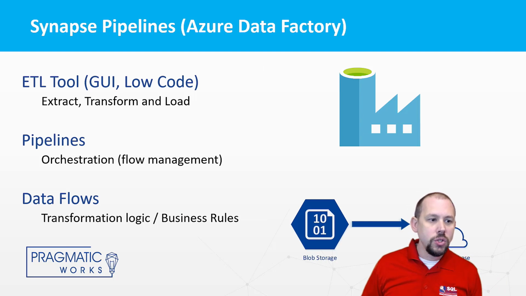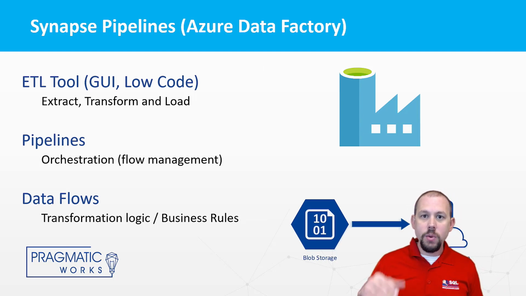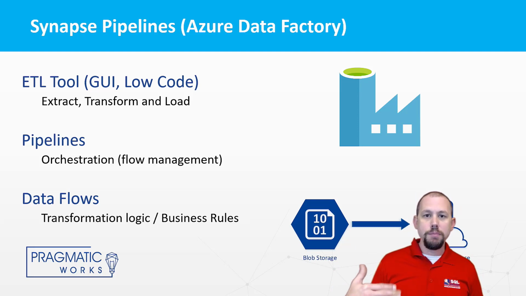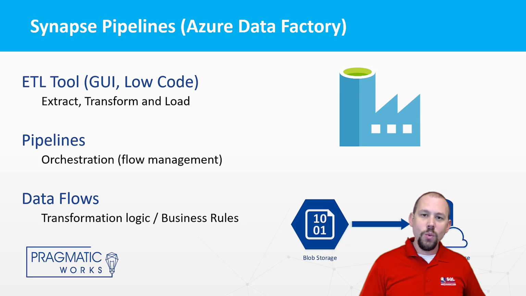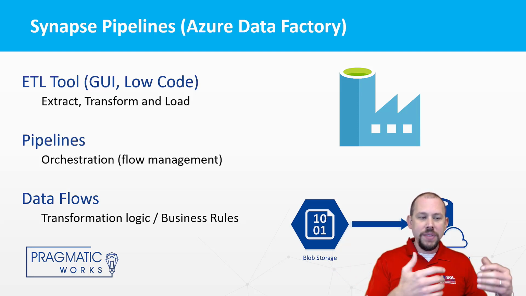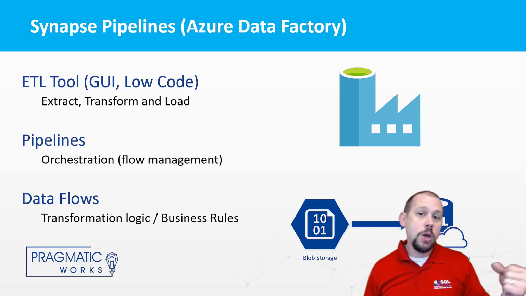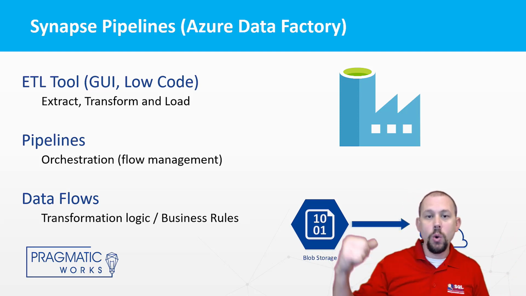All right, so inside of ASA, we also have pipelines and data flows. Pipelines and data flows are just our method of performing ETL: extracting, transforming, and loading data. We're going to pull the data from those various disparate data sources all over the place. We have a lot of built-in connectors through this graphical, low-code interface that allows us to connect to things like Azure Cosmos DB, our on-prem environment, SharePoint, or Dynamics.